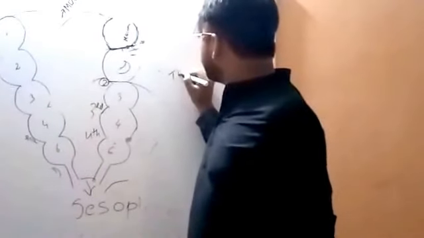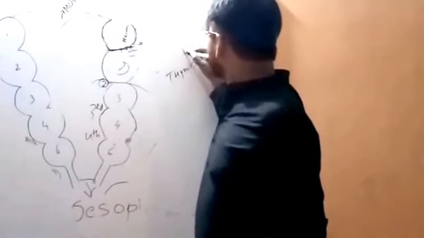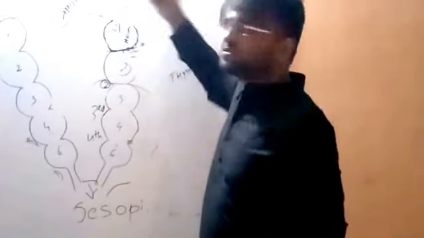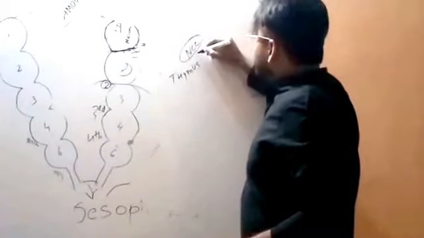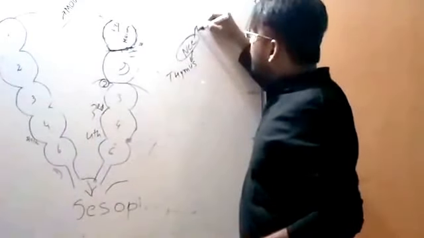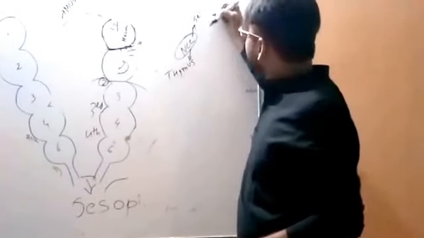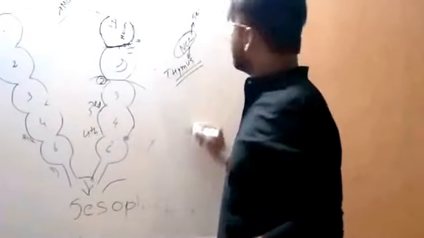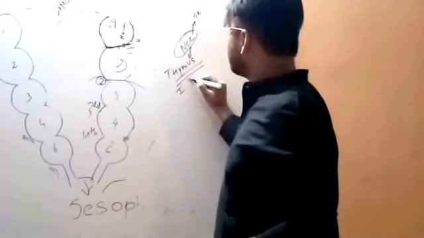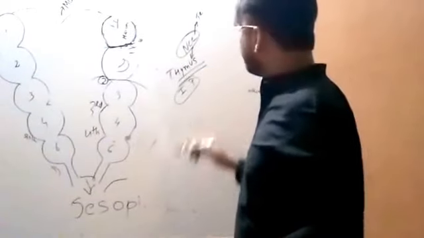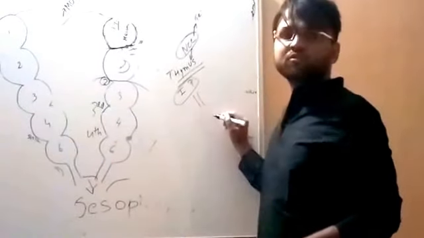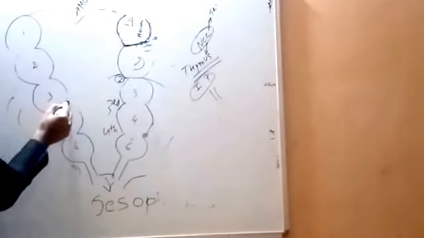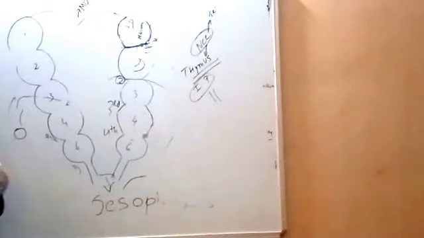Thymus, what it does, that in the influence of neural crest cells which were there in the arches, neural crest cells, as you know, have a tendency to migrate, and the neural crest cell goes and induces thymus. Thymus along with itself carries inferior parathyroid. Inferior parathyroid is also migrating, thymus is also migrating.